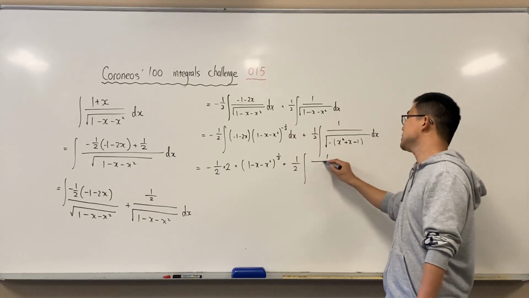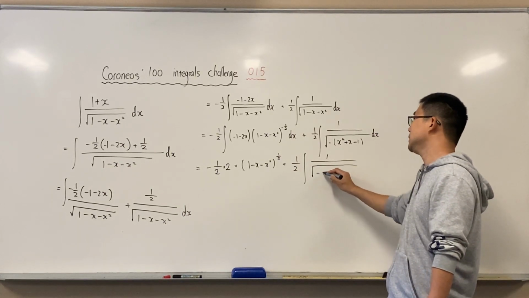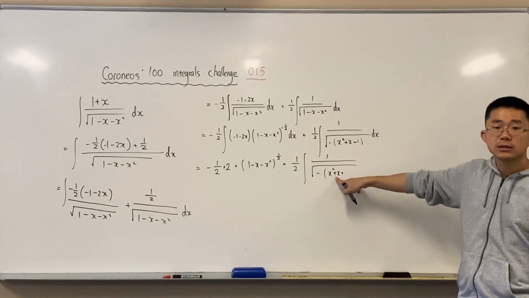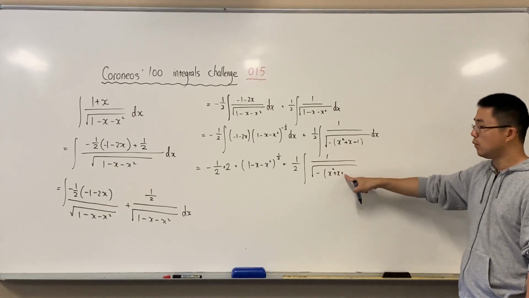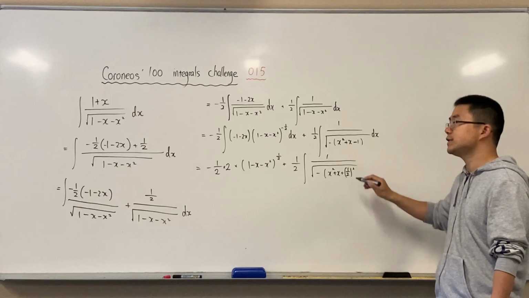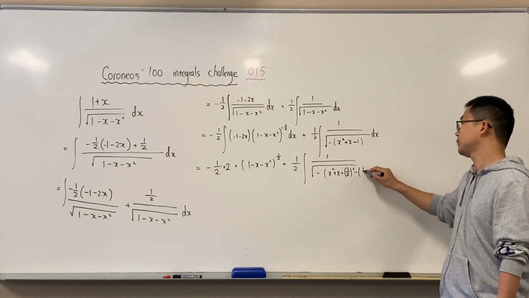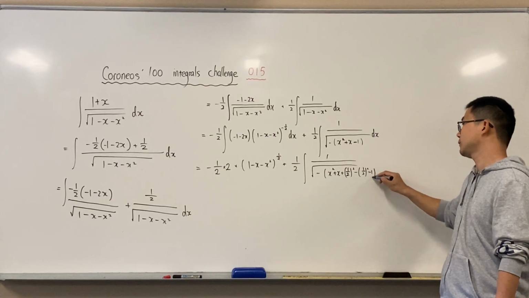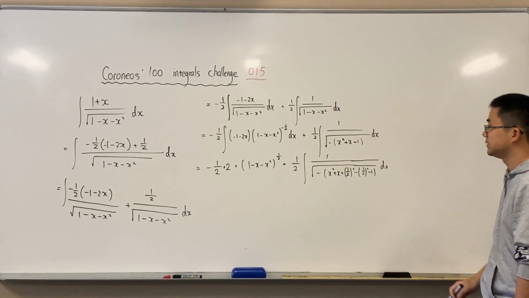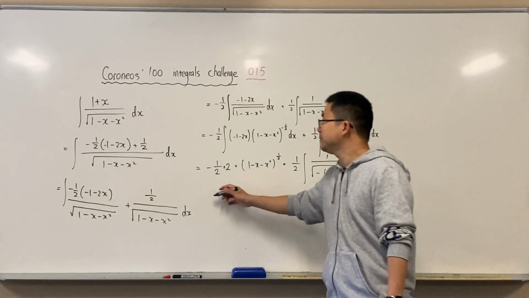And then for this part, I need to complete the square here. The coefficient in front of x is 1. 1 divided by 2 is half, but you need to square it again. That's a crazy question here. Alright, simplify what's in front.